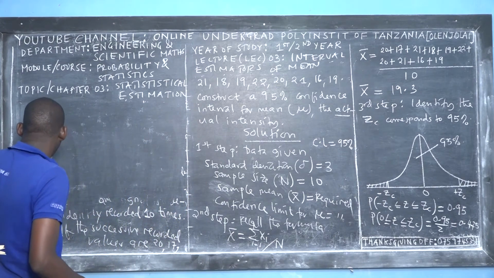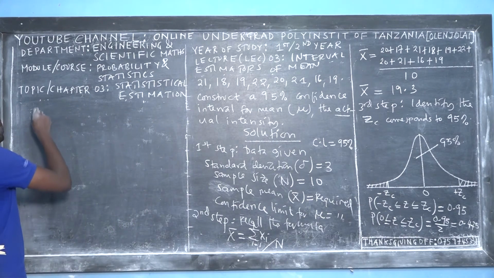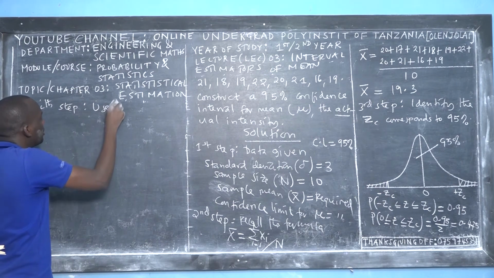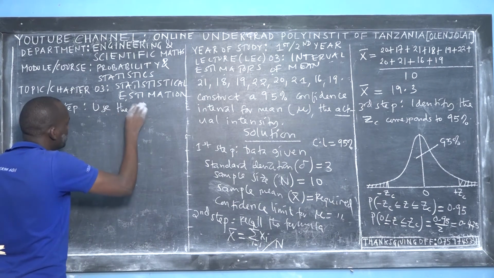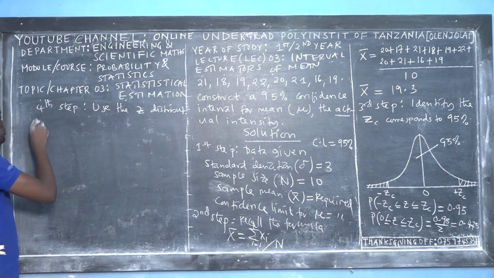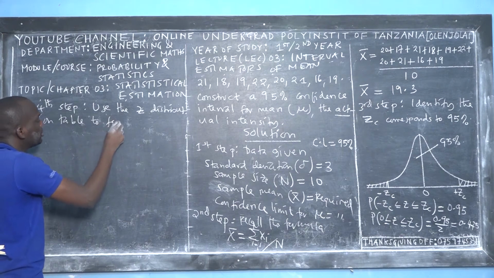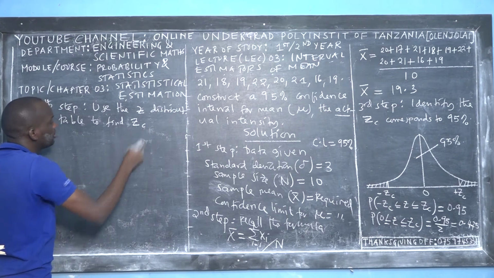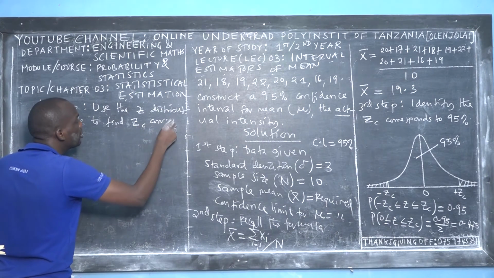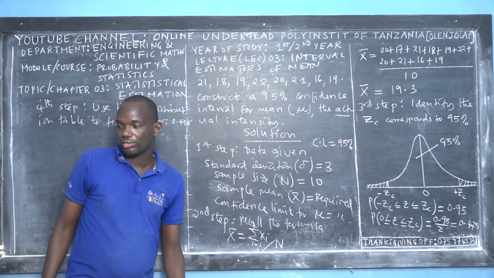That will be the fourth step, the value of Zc, excuse me, not C. So the fourth step: we use the standardized Z distribution table to find Zc corresponding to 0.4750, right?